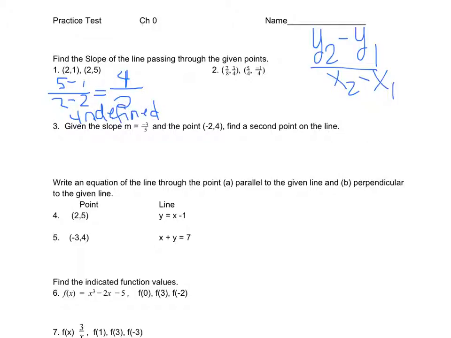Problem number 2, you should take negative 1/4, subtract from 3/4, 5/4 minus 7/8. What you get up top is negative 4/4, which is also negative 1.